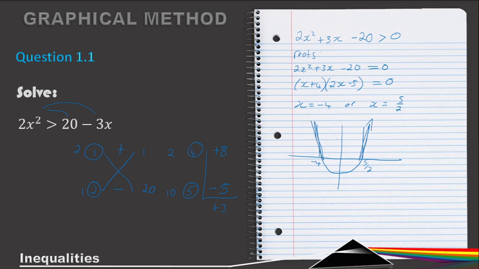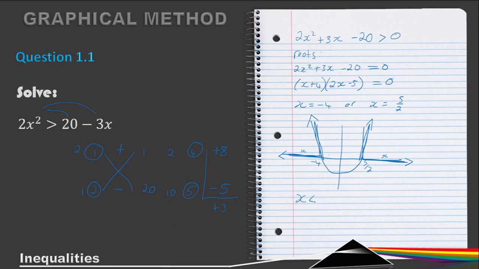So going to infinity from there, and from there to negative infinity. So in terms of x, we have all of these x values going to negative infinity, all of these x values going to positive infinity. x lies here and x lies here. Right, so x is less than minus 4.